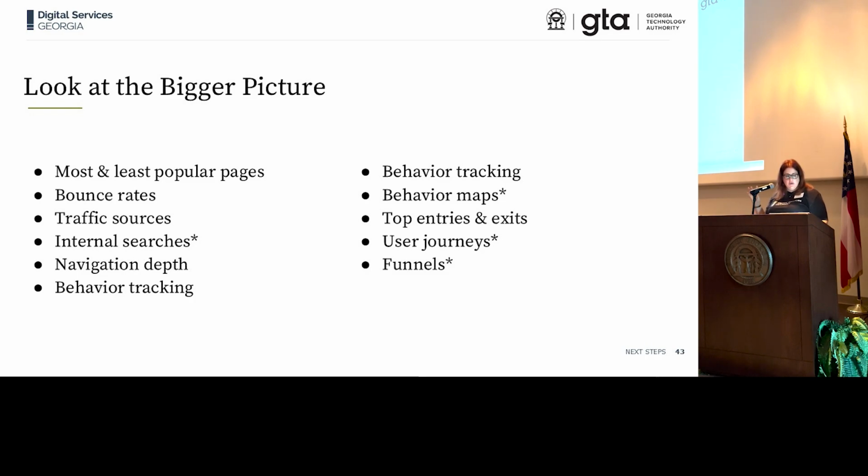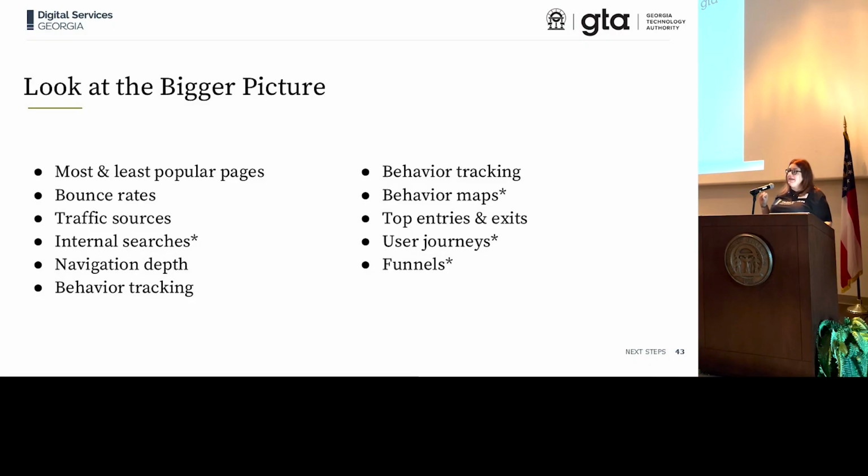If you want to take a closer look at the user paths that visitors are taking, consider setting up user journeys. It's like a more in-depth version of behavior tracking that you can customize. So you enter in where you want users to start and where you want them to end, and it will start creating a flow map that tracks user paths. Then you have funnels, which are a little bit like user journeys, but they're a little bit more in-depth.